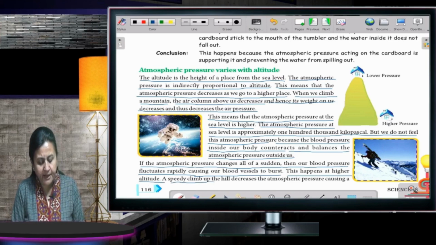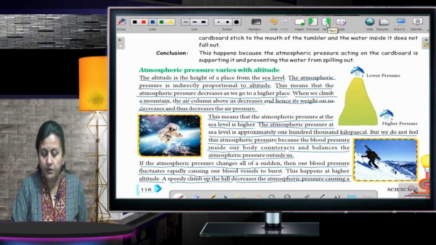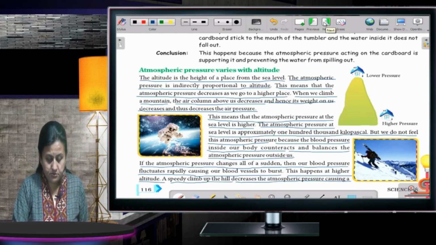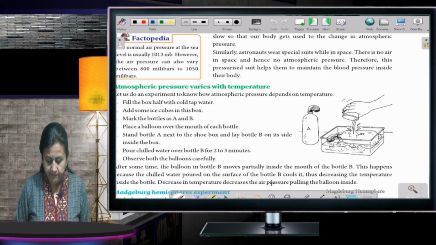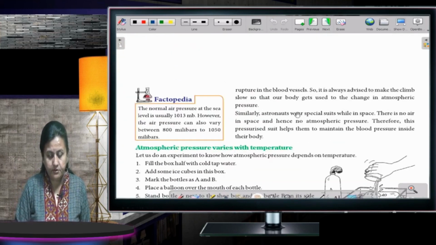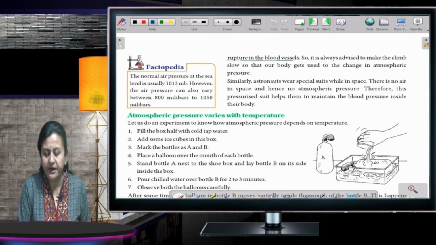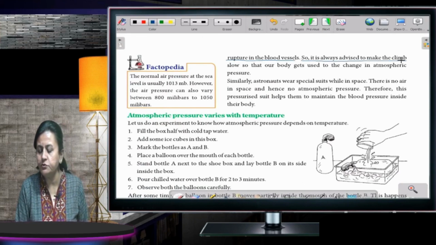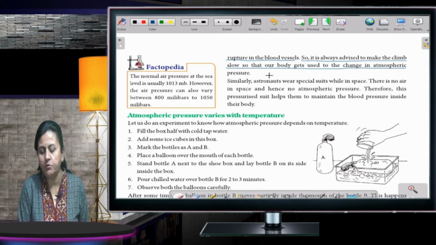A speedy climb up the hill decreases the atmospheric pressure, causing a rupture in the blood vessels. So it is always advised to make the climb slow so that the body gets used to the change in atmospheric pressure.